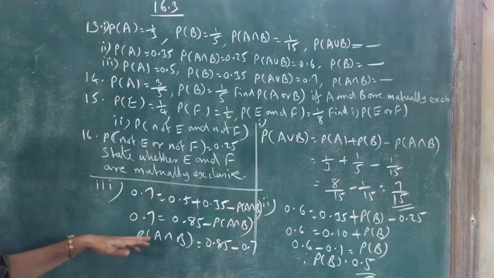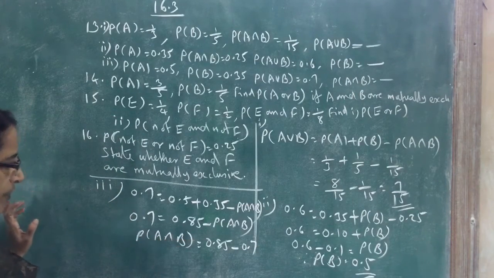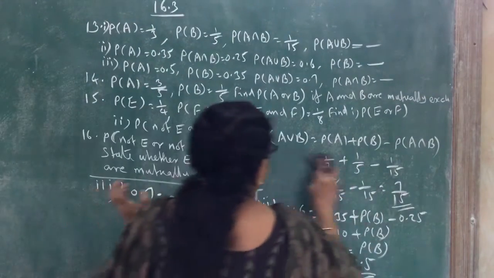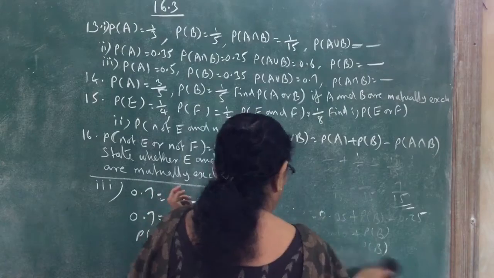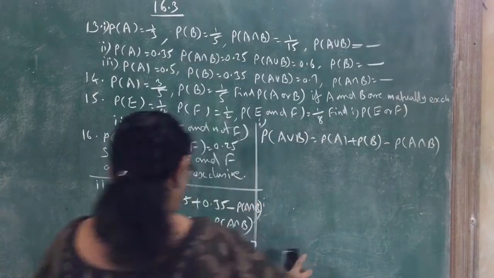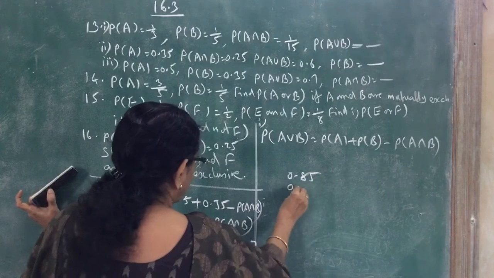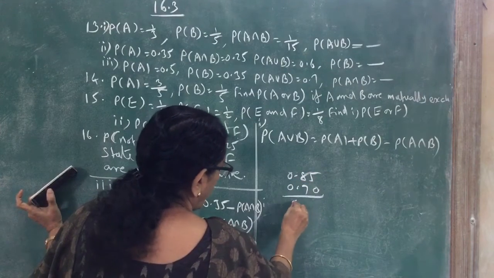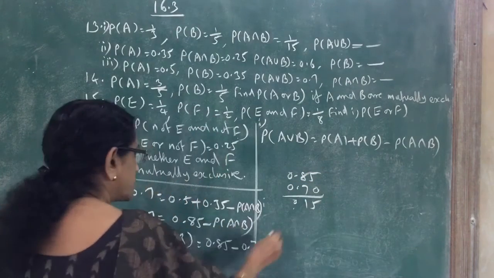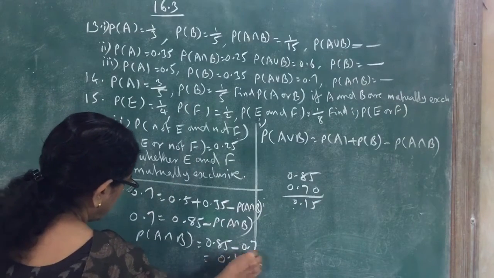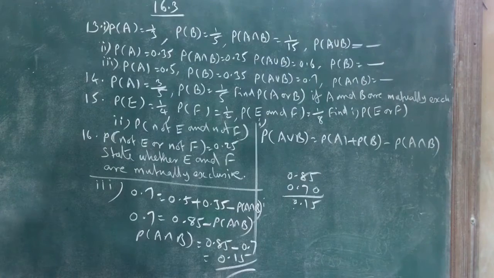Subtracting the decimals like this, we get 0.15. So probability of A intersection B is 0.15.